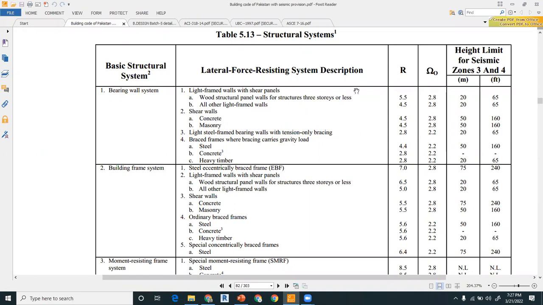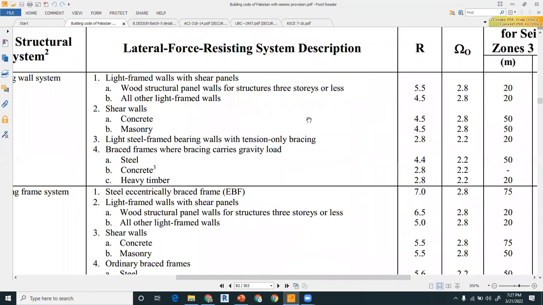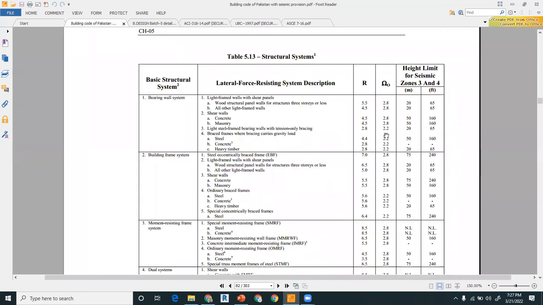So in the design of buildings as per UBC 97 or the Building Code of Pakistan, the software will automatically take this value from the codes or tables. But in the new code, for example, if you design a structure as per ASCE 7-16 or 7-10, you have to insert these values manually as per your structure.